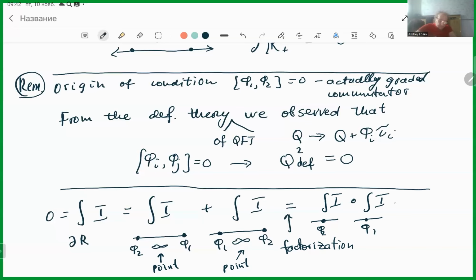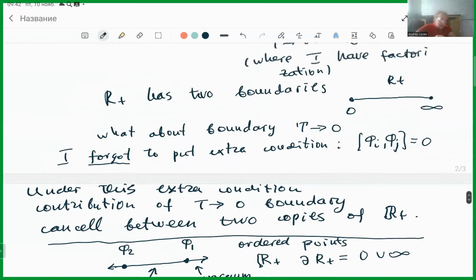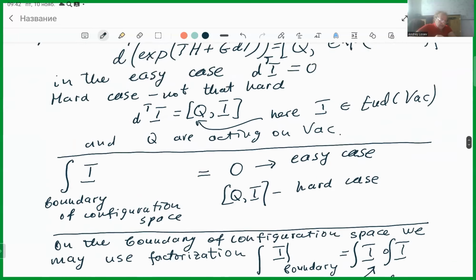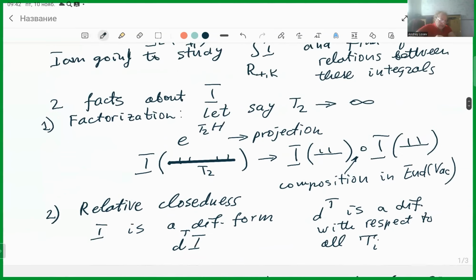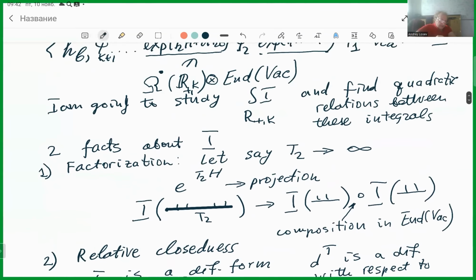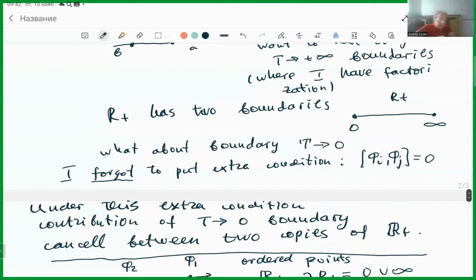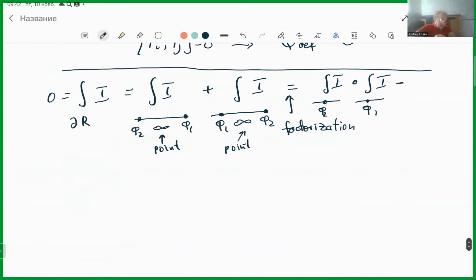Perhaps we should add some notation to I because I has different fields inside, and we use the same letter. Okay, I get it.